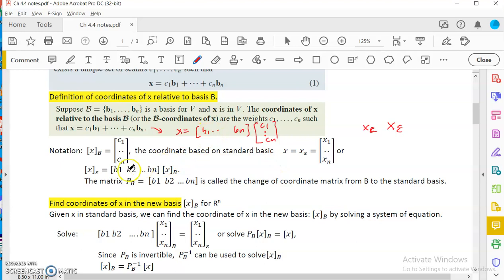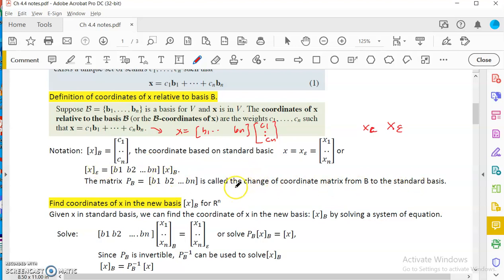So this is a matrix times a column vector, and this column vector is the coordinate. We call it the coordinate vector based on B. The matrix B1 to Bn is called the change of coordinate matrix from B to the standard basis.